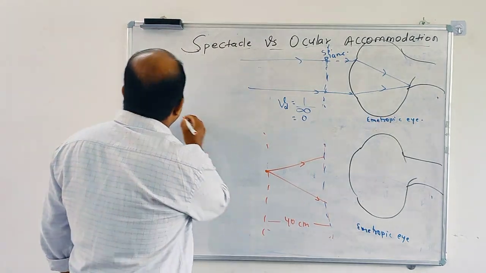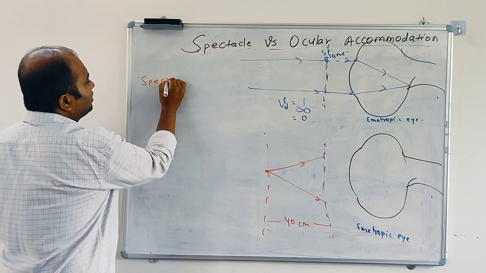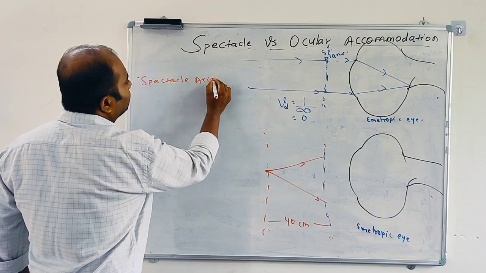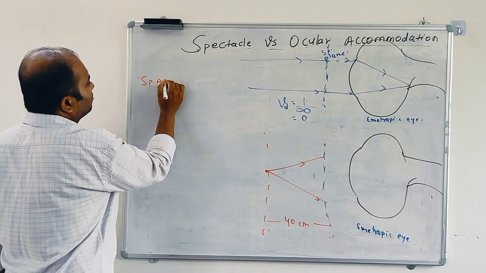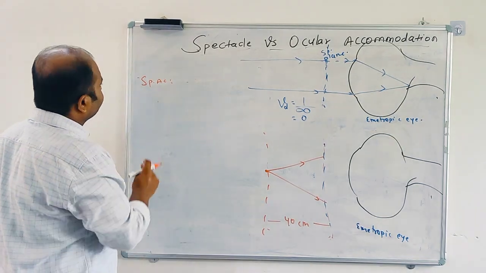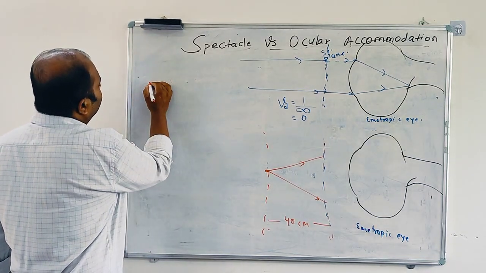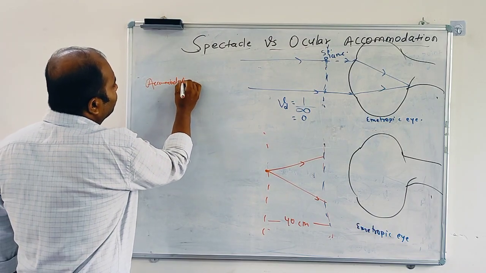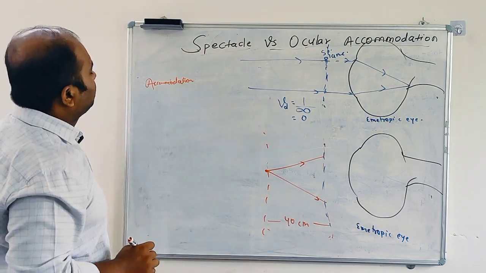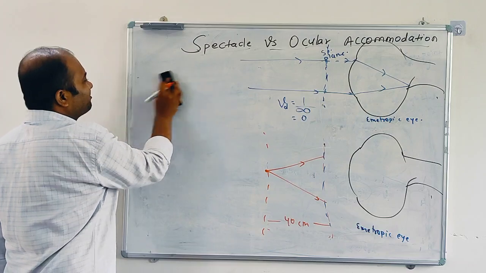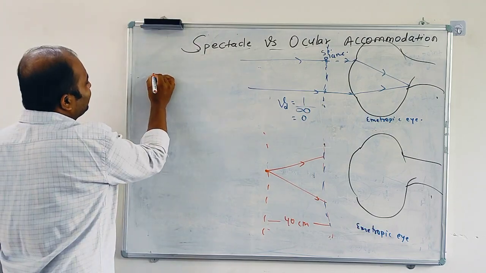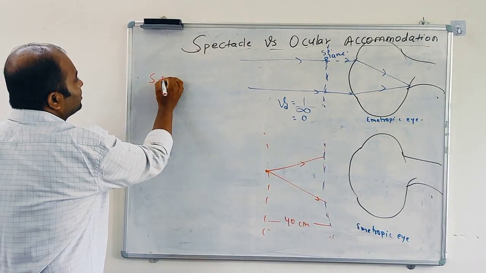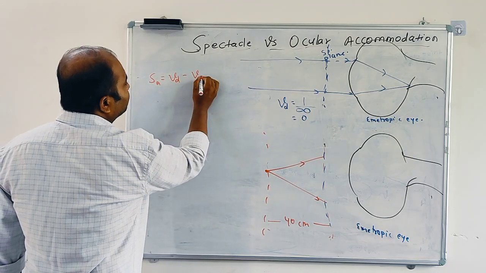So now the formula we know: spectacle accommodation, in short form, is equal to VD minus VN, right?